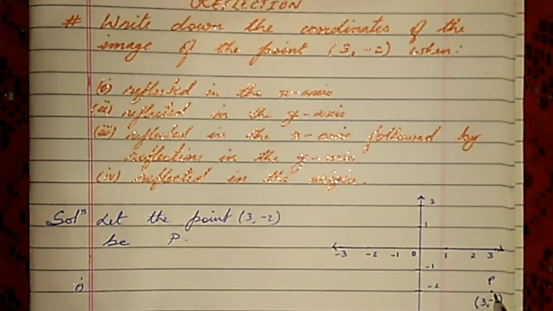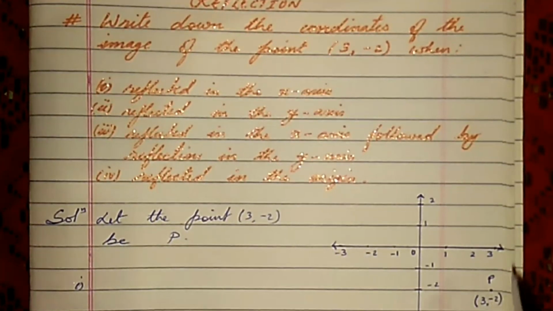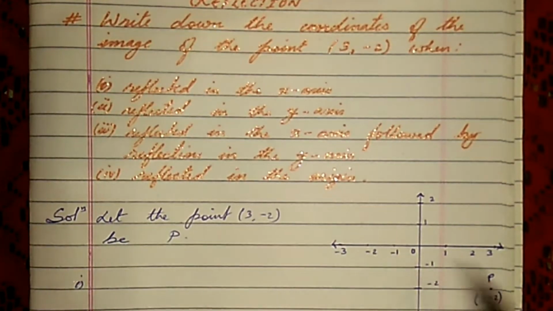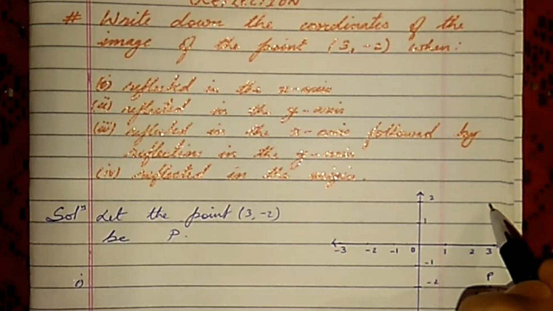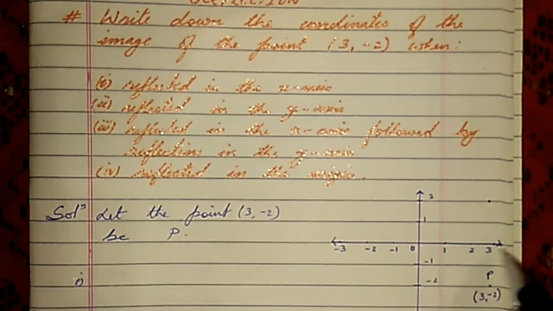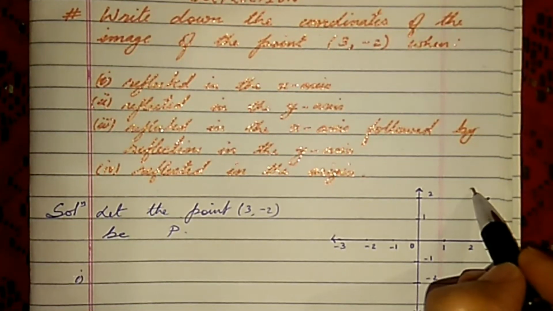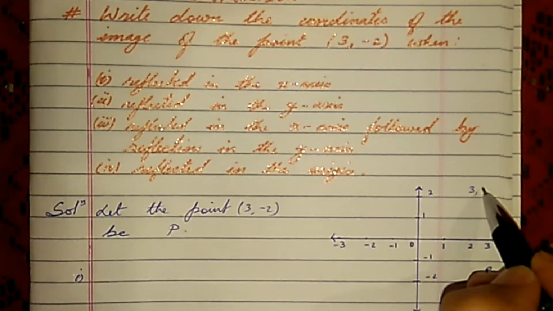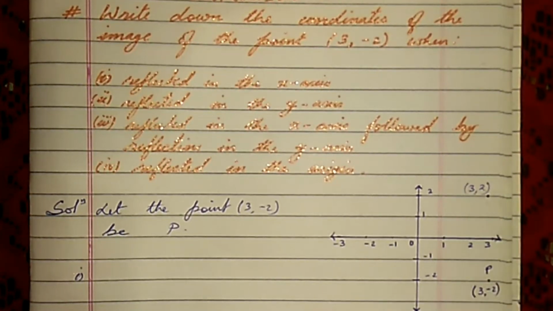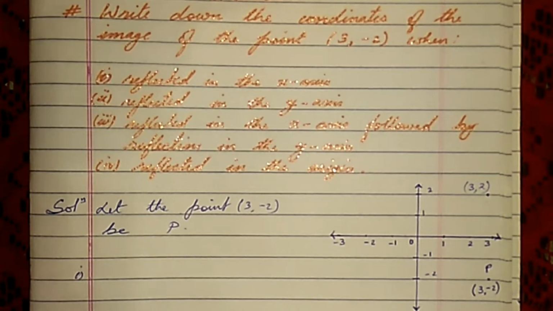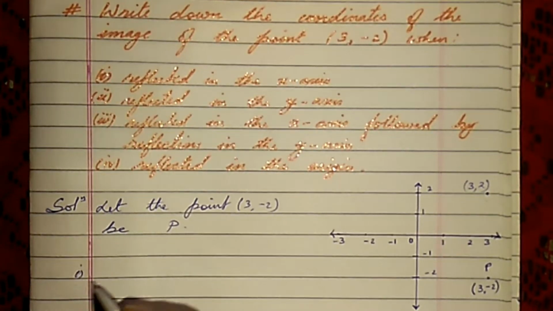When this point is reflected in the x-axis, the x-axis will behave like a mirror and the image will be formed on the opposite side of the x-axis. Here we can see that the x-coordinate will remain unchanged, but the y-coordinate will change its sign and will become positive.